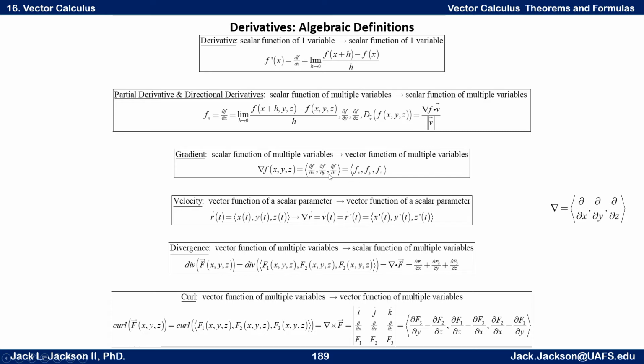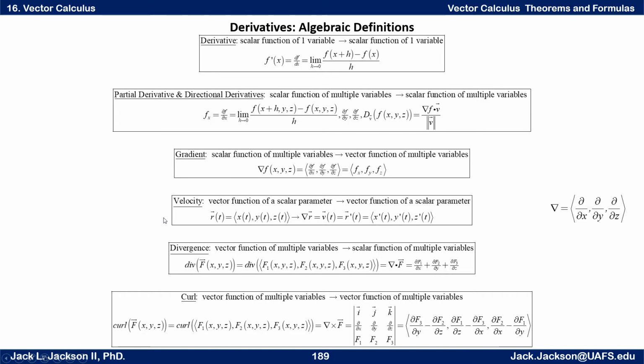In other words, you just distribute the del operator across each of the component functions. You take the derivative of the first component with respect to x, the second component with respect to y, and the third component with respect to z, and put those into a vector form.